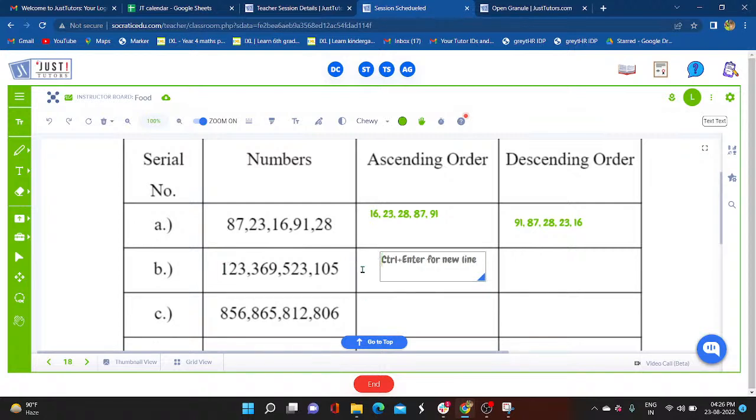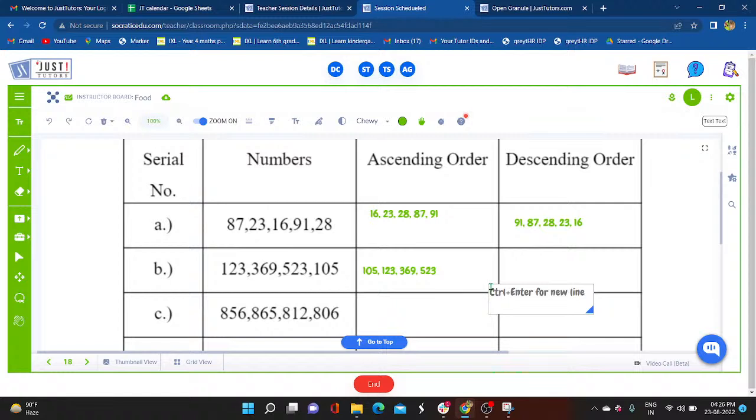So definitely 105 is the smallest, because it is having 100, then after that 0, and after that 5. 105 is the smallest, then the next one is 123, then we have 369, and at last we have 523. So here we have numbers arranged in ascending order.